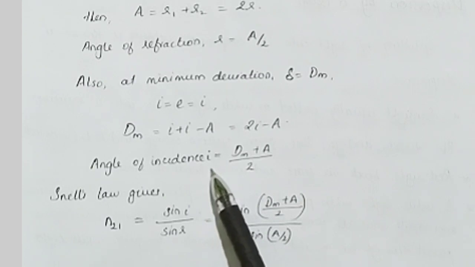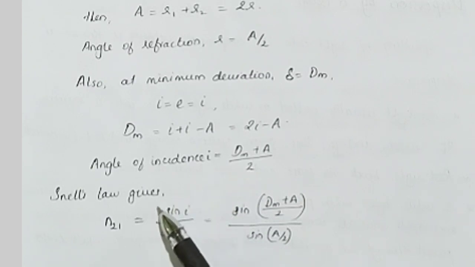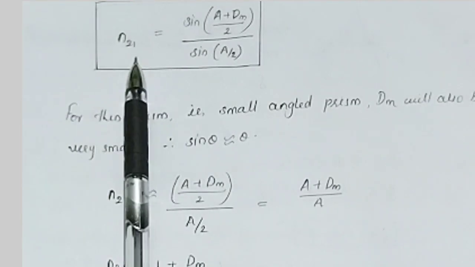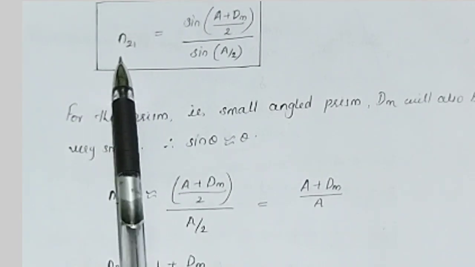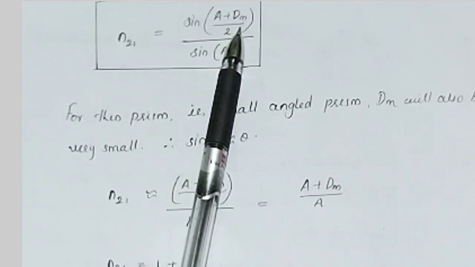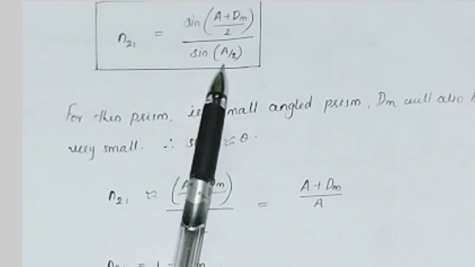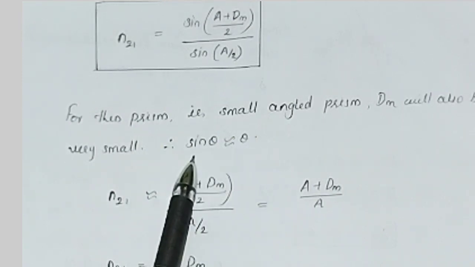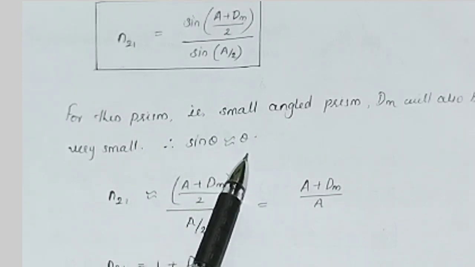So we have obtained the expression for angle of incidence and angle of refraction at the condition of minimum deviation, and from this we can now obtain Snell's law, that is the refractive index at the time of minimum deviation, n21, as sin i by sin r, which is equal to sin of (Dm plus A) by 2 divided by sin of A by 2. So at minimum deviation, the expression for refractive index becomes n21 is equal to sin of (A plus Dm) by 2 divided by sin of A by 2, and we know that for small angles we can approximate sin theta as theta itself.